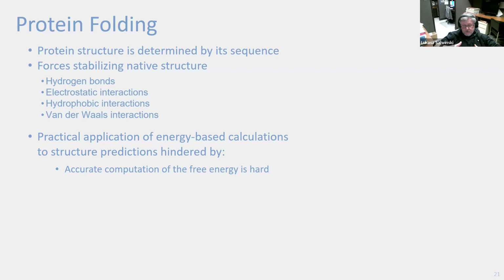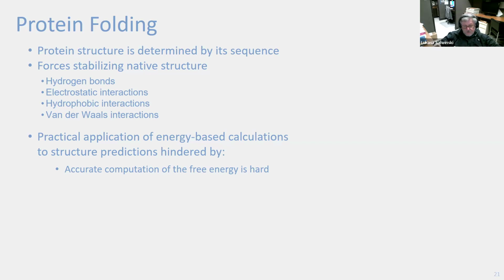So there are a number of ways to approximate that, but it's essentially decreasing the accuracy of the computation of the energy. This is one caveat when trying to find the minimum of the free energy of a protein chain.